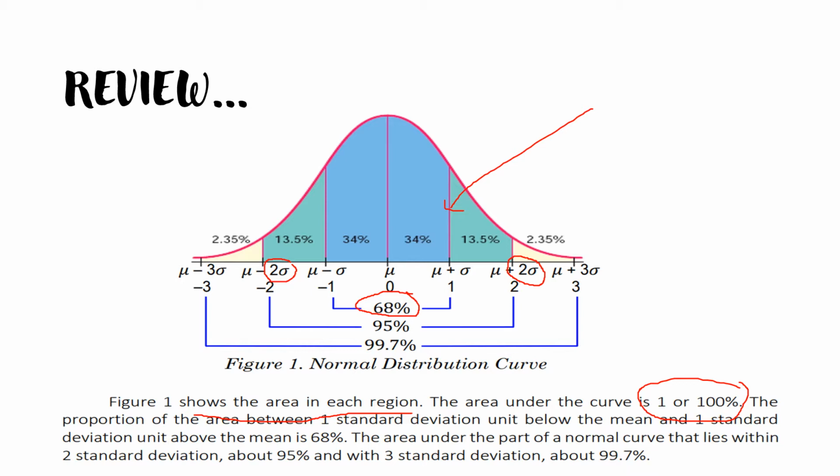The area under this normal curve is 95% if we consider these 2 standard deviations. And with 3 standard deviations, the area is about 99.7%, as you can see in this figure.